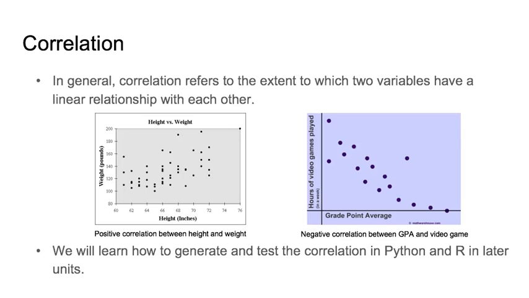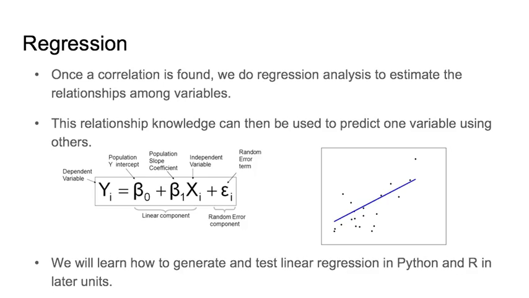Now, once we discover that two things or multiple things are related, then we can do something more. In addition to just saying these two are related, we could also figure out how exactly they are related. Once we learn that, we can use that information to do some prediction. This analysis is called regression.